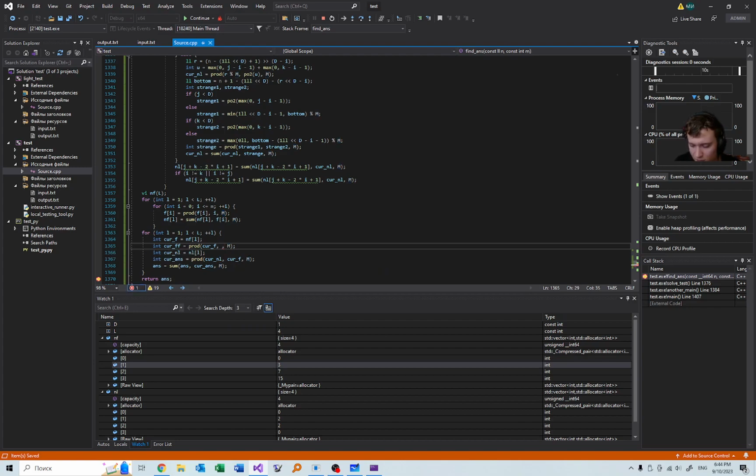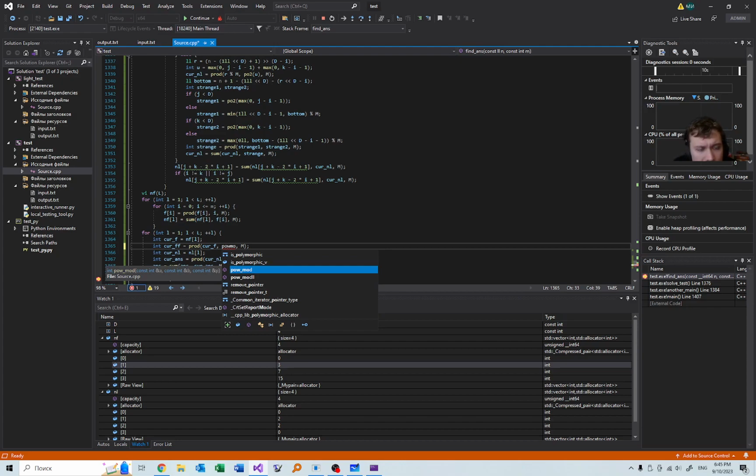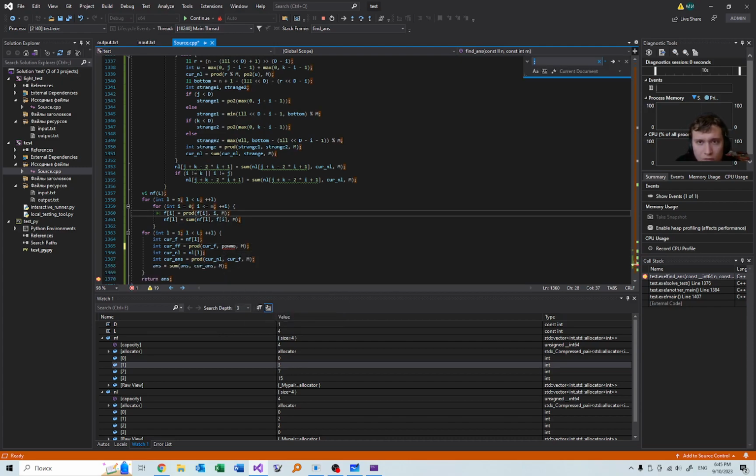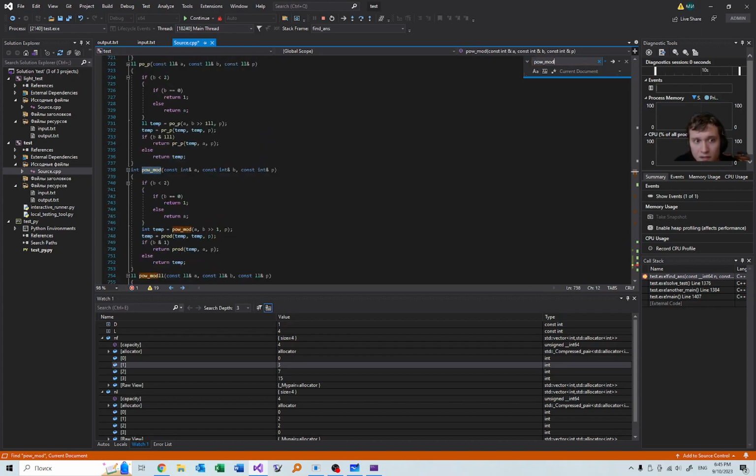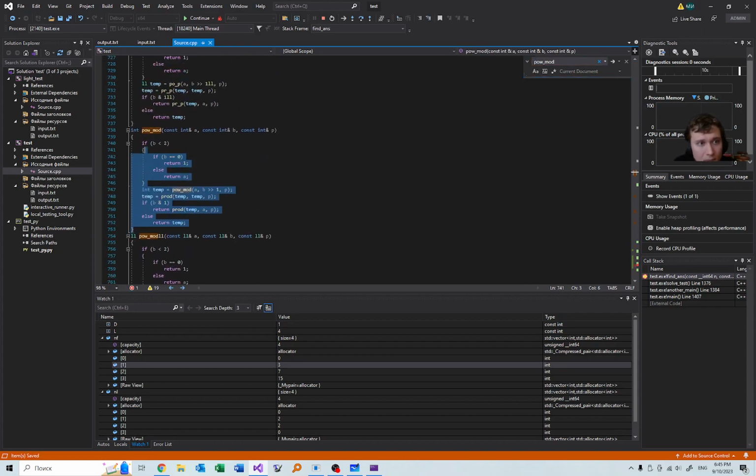So here I need to, it's a pity that I do not have a power mod with long. Let's add then. Okay.